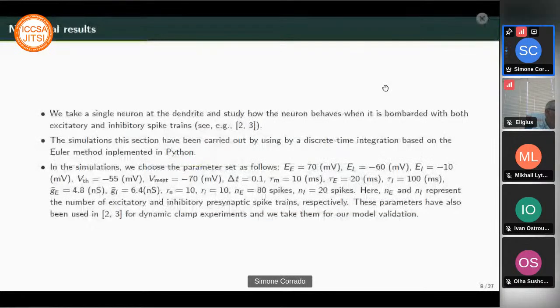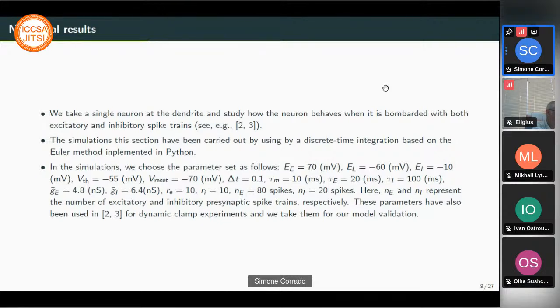Now, a few numerical results that you will see here. To start with, you will see the results with respect to a neuron, and of course, at the dendrite. As you know, a dendrite is a branch or collection of branch processes that emanate from the cell body of a neuron and provide impulses, which could include in our study random impulses as well.